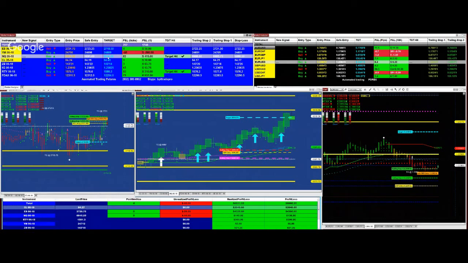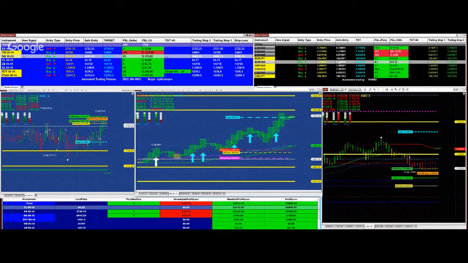And if you notice right now on the euro dollar, after we come back to the safe entry, you can see how many times the bars came in: one time, two times, three times, four times, and it got rejected exactly from the safe number. So it's the same story right now.